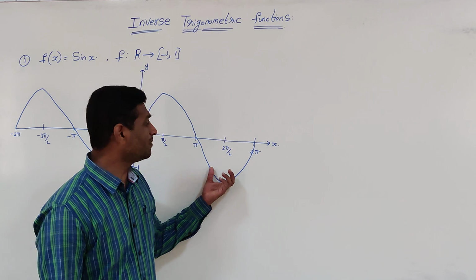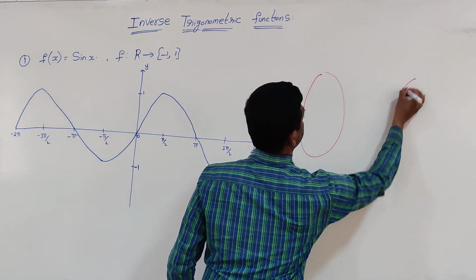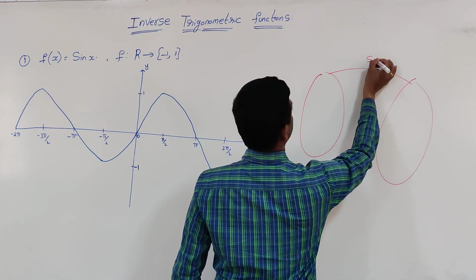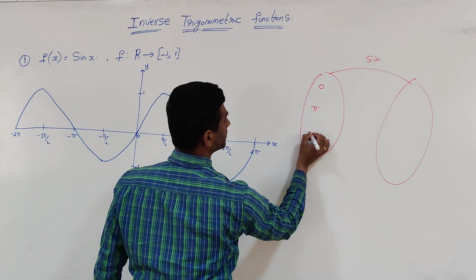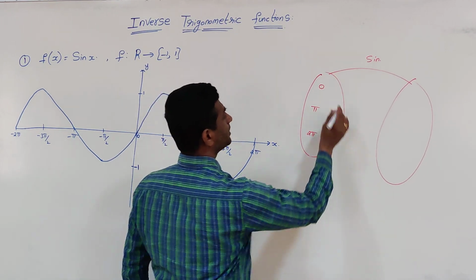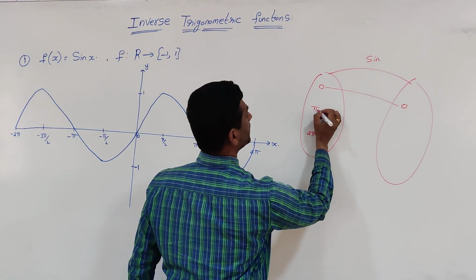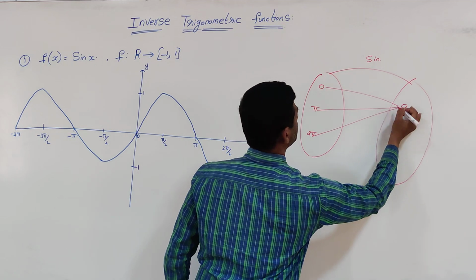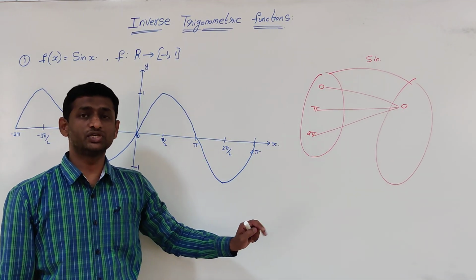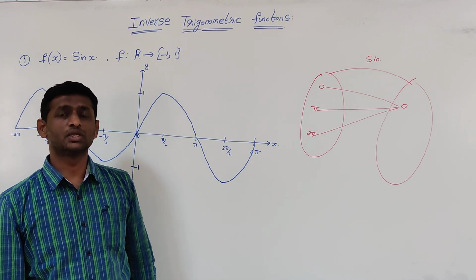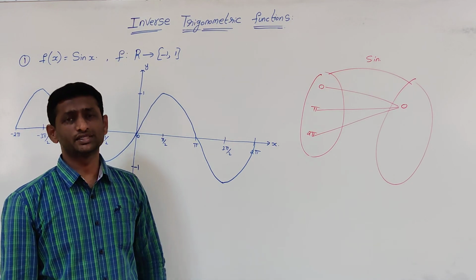Or if we go by the arrow diagram, suppose sin is a function, if I consider 0, pi, 2 pi, then sin 0 is 0, sin pi is also 0, sin 2 pi is also 0. So this sin function is not a 1-1 function. If it is not a 1-1 function, then it is not a bijective function.